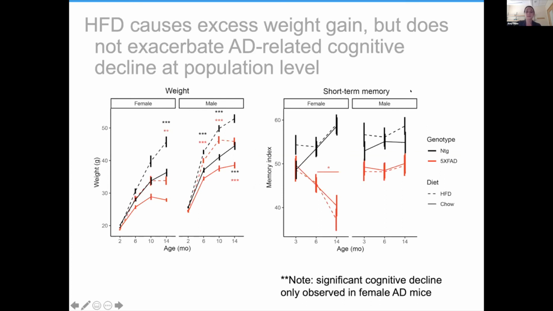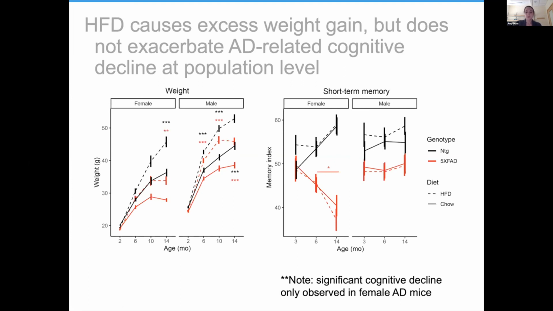In terms of short-term memory, this is a short-term memory measurement taken from fear conditioning. Again, looking at progression of short-term memory decline between 3 and 14 months of age. In general, our Alzheimer's mice in red again performed worse than their non-transgenic counterparts, especially females. So females in our population experience earlier and more rapid decline, which again is really similar to what we see in humans.